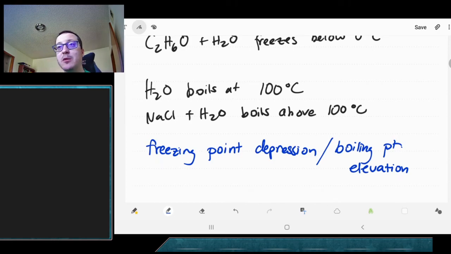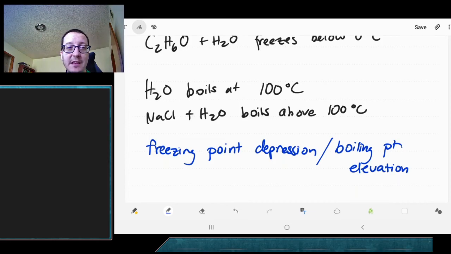Boiling point elevation would be another property of this. So your freezing point goes down, your boiling point goes up because of the forces that are happening here. When water is interacting with salt, it's happy, it's going to take more energy to break those bonds, just like before. So it's the same idea here.